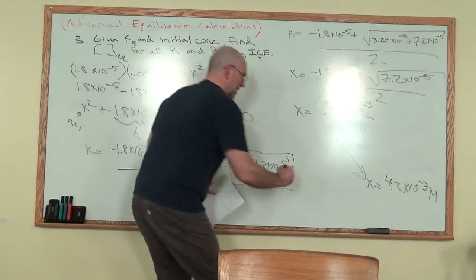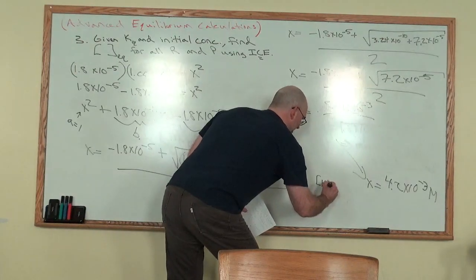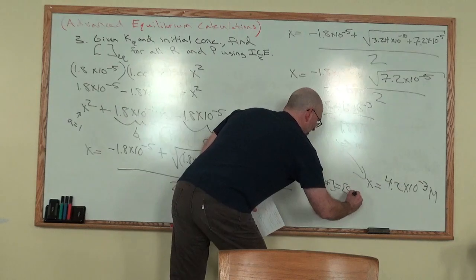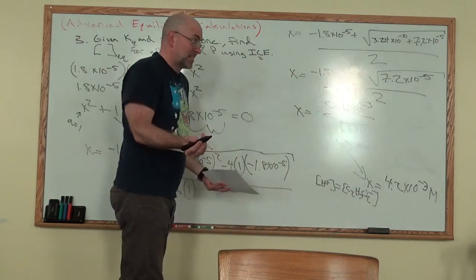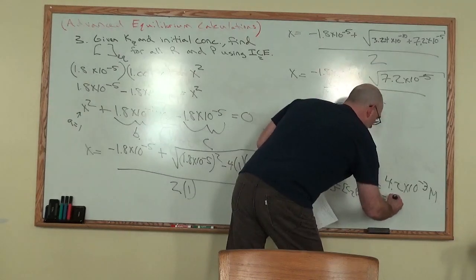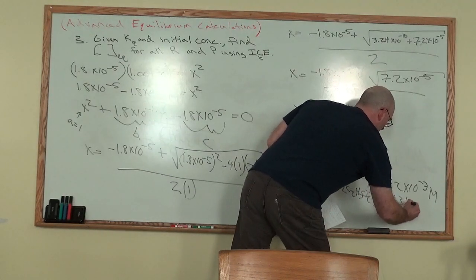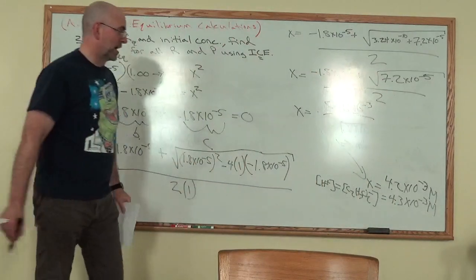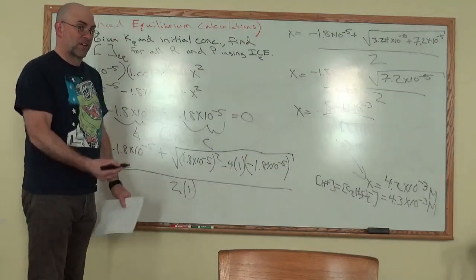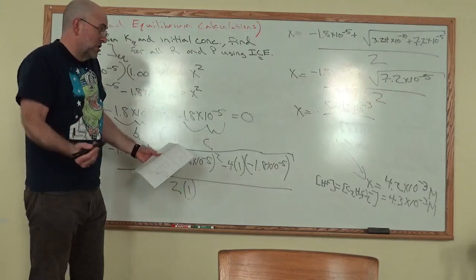What does that mean? That means that your H plus and your C2H3O2 minus are both the same because they're both x. At equilibrium, those concentrations are 4.3 times 10 to the minus third molarity, because they're equal to x. That's all you have to do for those two.